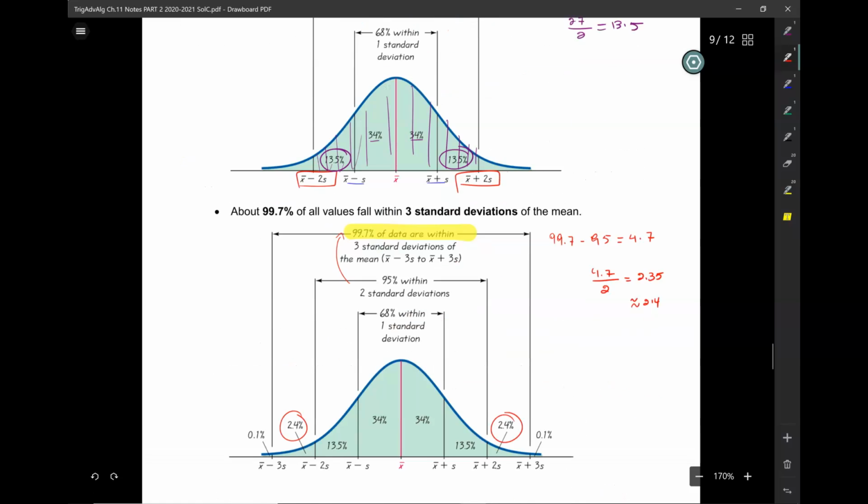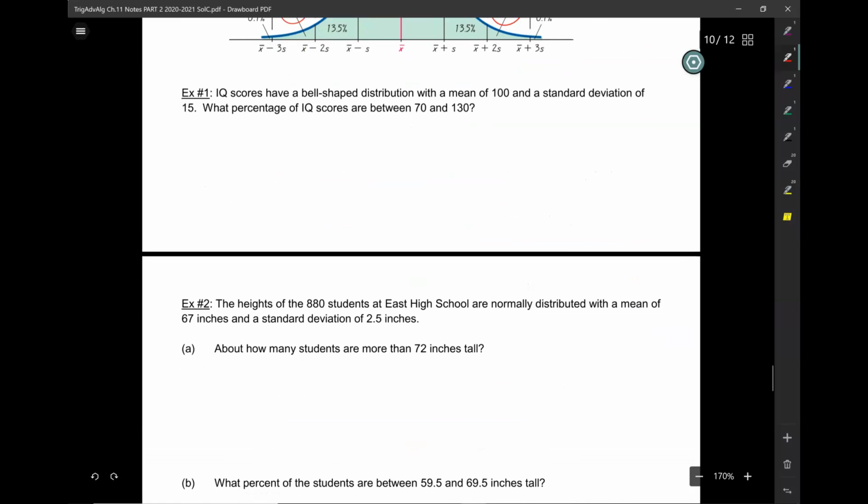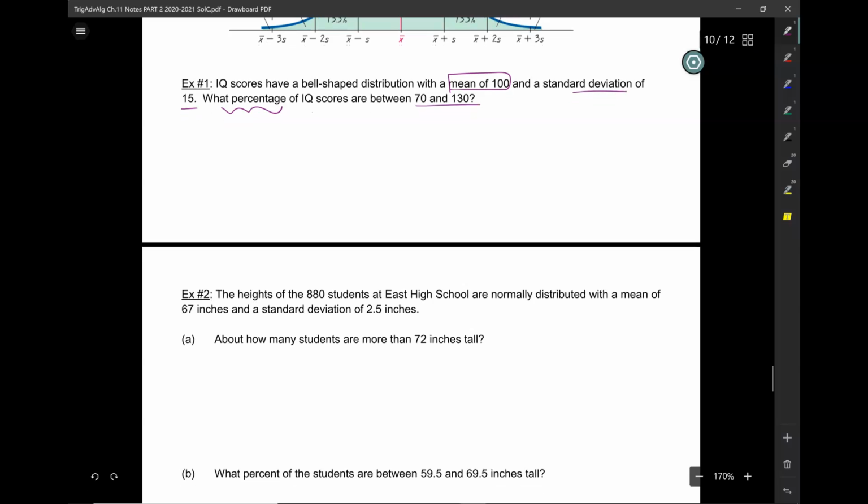All right, so how do we use this? Take a look here. IQ scores have a bell-shaped distribution with a mean of 100, that's important, and a standard deviation of 15. What percentage of IQ scores are between 70 and 130? Every single time, do a little sketch for yourself.